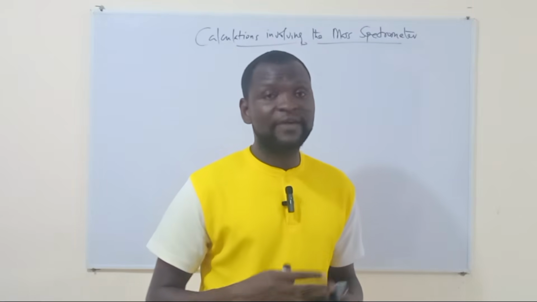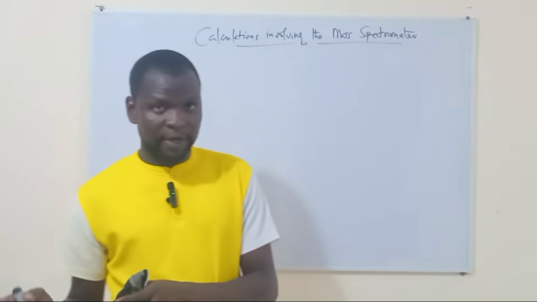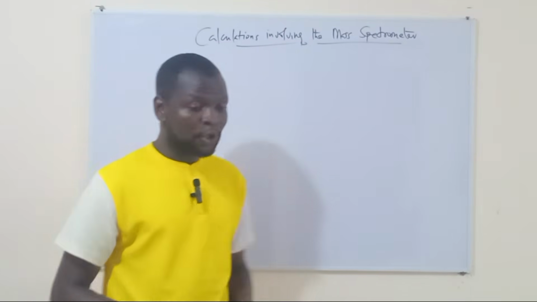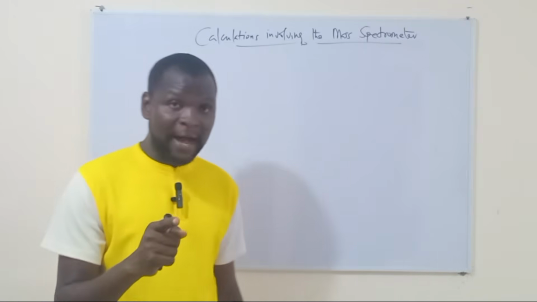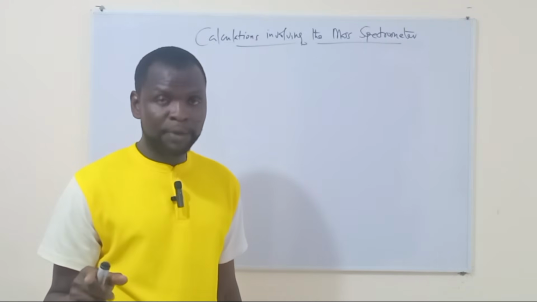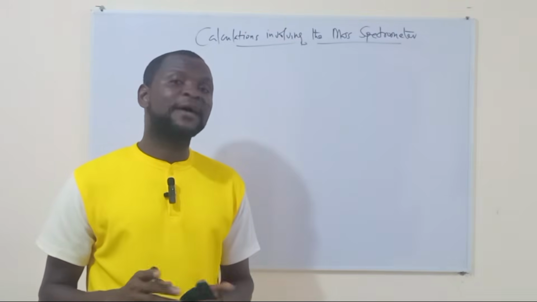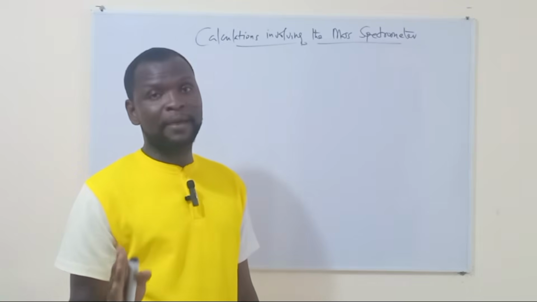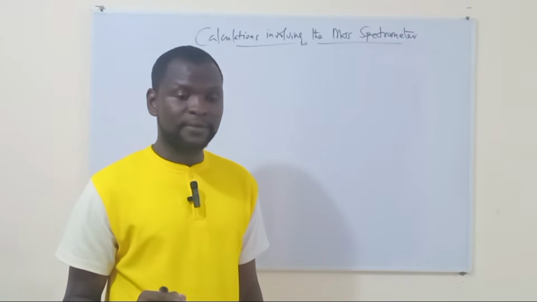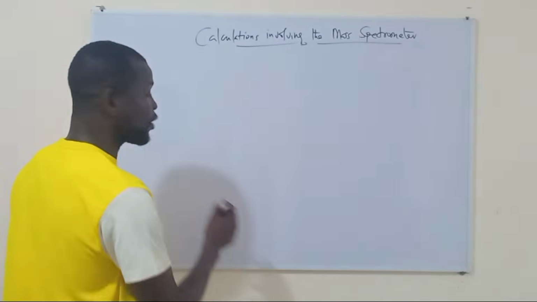Calculate the relative atomic mass of chlorine. Now, in this question, you could see that we have been given both the atomic mass and the isotopic mass. So where we have both given, we have to use only the atomic mass for our calculations. So let's go ahead and solve that question.